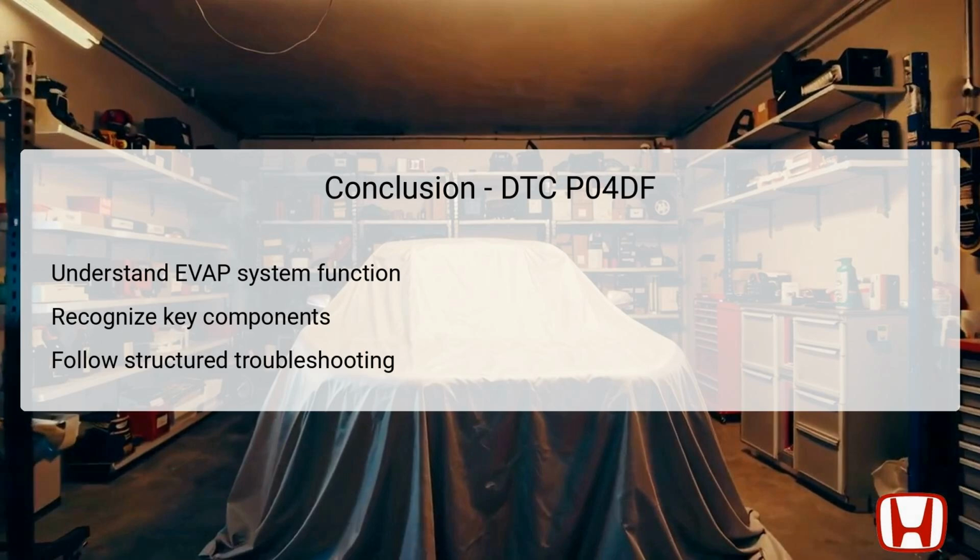Regular maintenance efforts and inspections can significantly reduce the risk of future DTC occurrences, promoting optimal vehicle performance and emission control. Ultimately, being proactive in addressing and fixing DTCs fosters a healthy vehicle environment and compliance with emission standards.